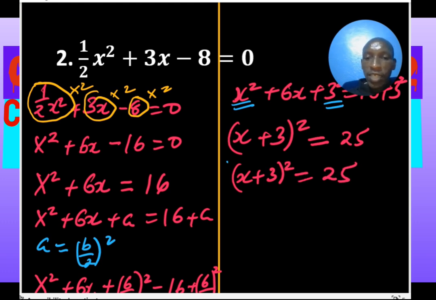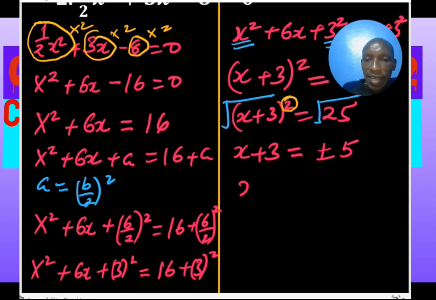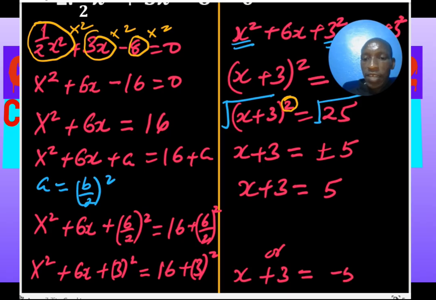What do we do next? Find the square root on each side. If you find the square root of this bracket, the square disappears and you remain with x plus 3 is equal to the square root of 25, which is plus or minus 5. So x plus 3 is equal to 5, or x plus 3 is equal to negative 5.